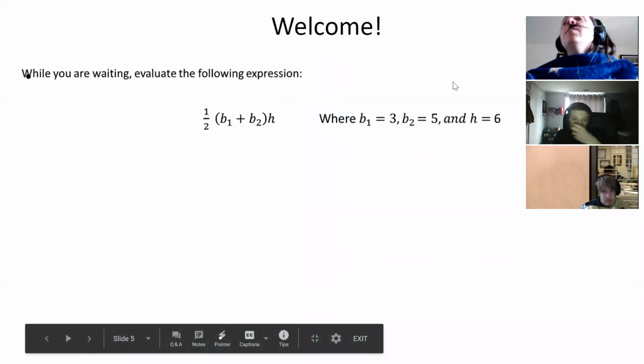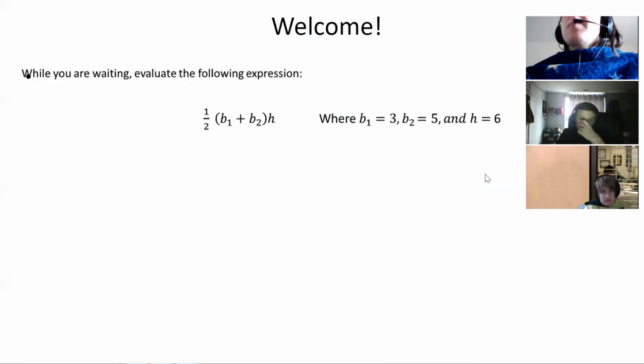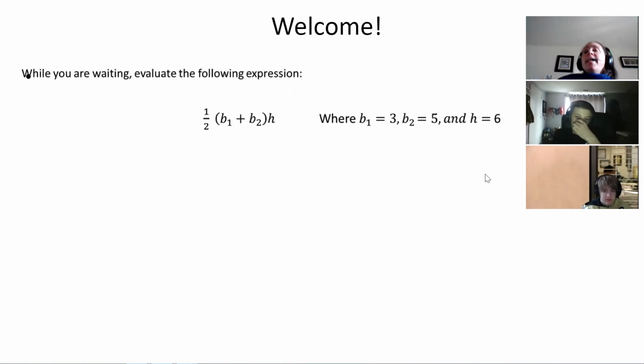Okay. So let's talk about how to evaluate this expression. What does it mean to evaluate an expression? What does that tell you to do? That should be like your instructions of what to do. When it says evaluate this expression, what do you do?